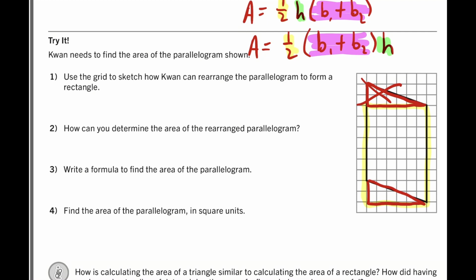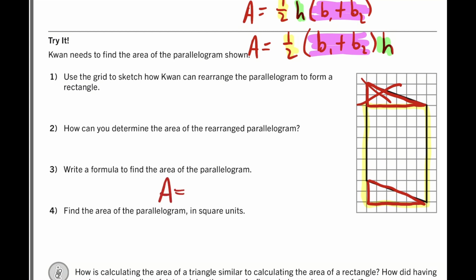And so what we now have is a rectangle. All right, number 2, how can you determine the area of the rearranged parallelogram? Well, all we've got to do is find the area from the base and the height. It's really, really easy. It's 1, 2, 3, 4, 5, 6, 7, 8, 9. Going that way, 1, 2, 3, 4, 5, 6. So 6 times 9 is 54. So that's my area, and these are square units.